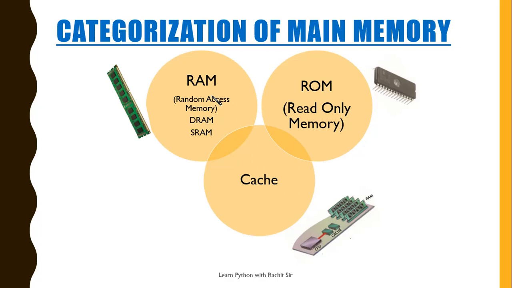RAM is further categorized into two types as DRAM and SRAM. DRAM stands for dynamic RAM and SRAM stands for static RAM. Static RAM retains its content as long as the power is connected and is easy to interface, but uses 6 transistors per bit.